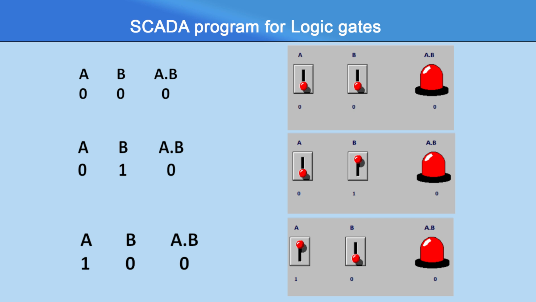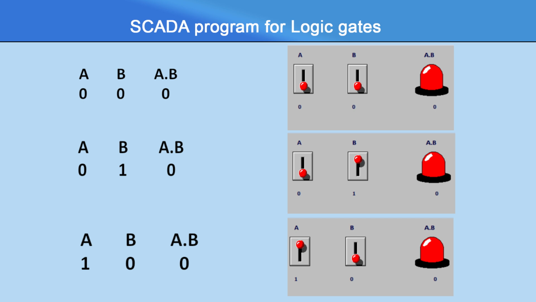But here, for the output expression, in the previous example we directly entered the tag name SW, because we had to link the input switch directly to our output indicator. Here we have to consider both switches.